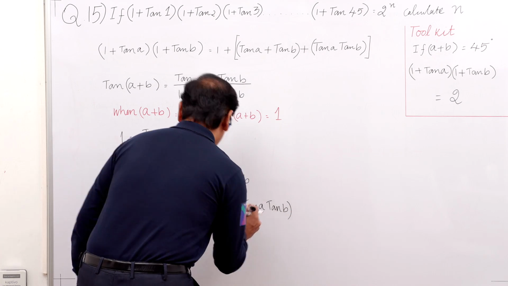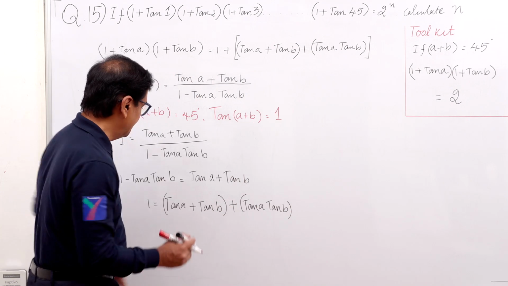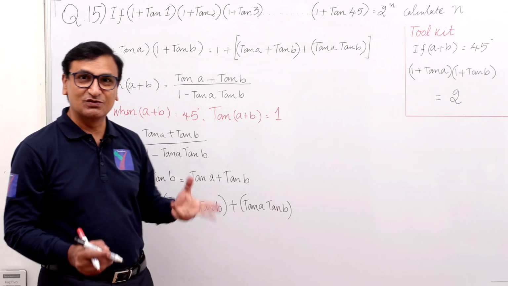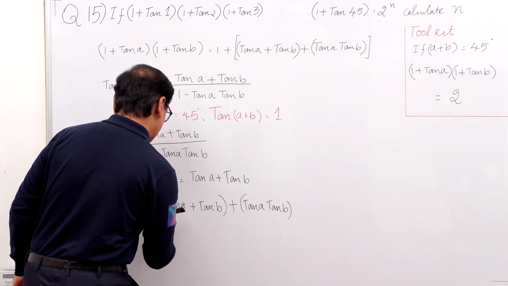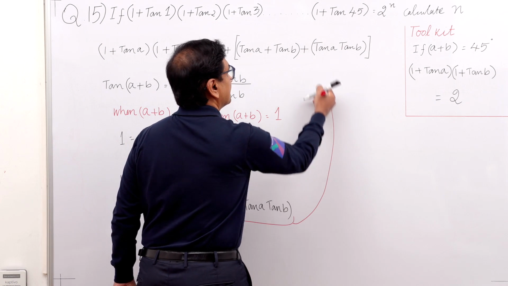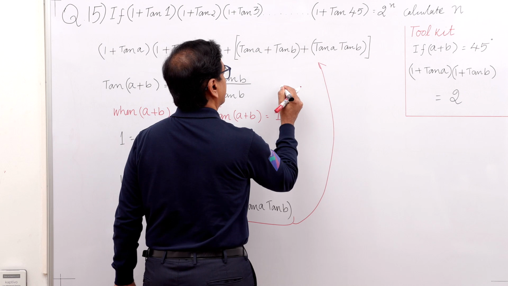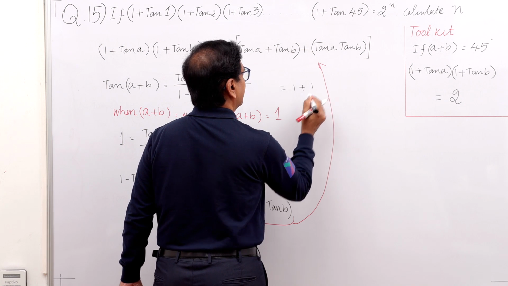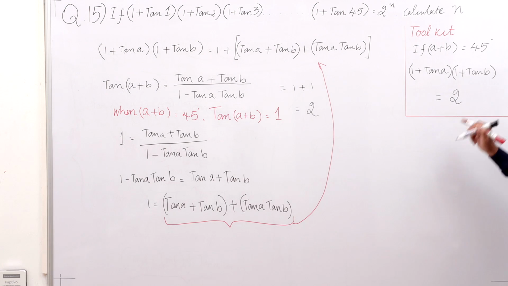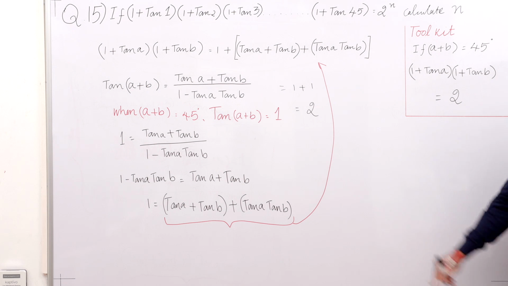So this is what we have here. We just have to take this and substitute here, and we will have our answer: 1 + 1 equals 2. So we have proved this identity. We are going to use this to solve our original problem. Let's do it in the next screen.